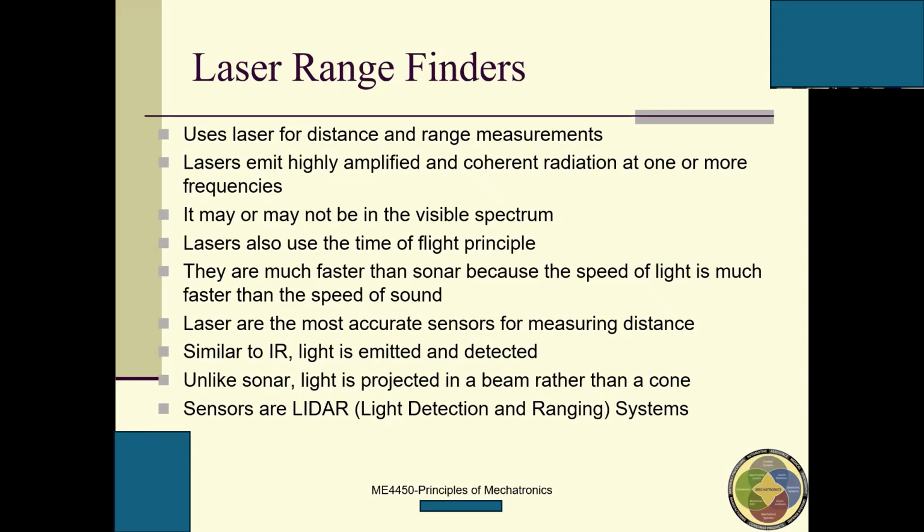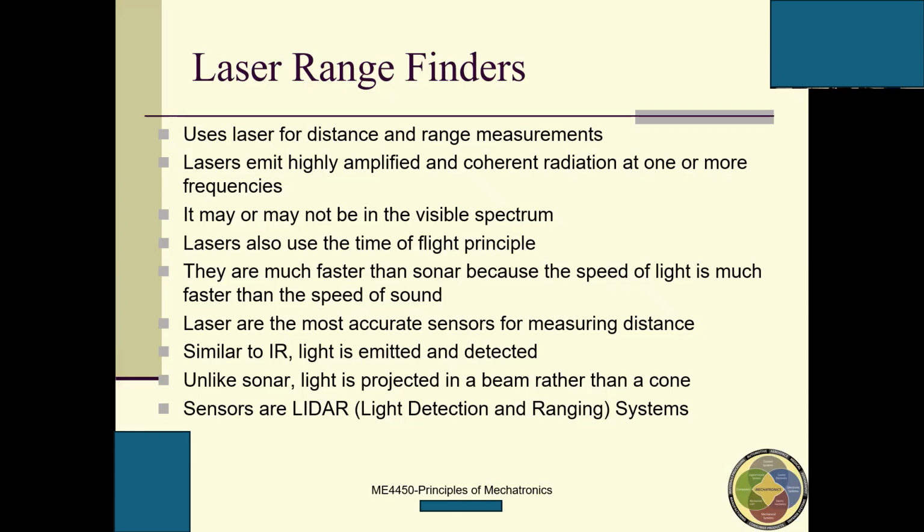They are much faster than sonar because the speed of light is much faster than the speed of sound. Remember that laser is a light. It's spectralized light. And lasers are the most accurate sensors for measuring distance up to now. Similar to IR, light is emitted and detected.